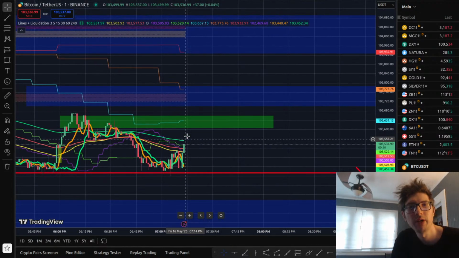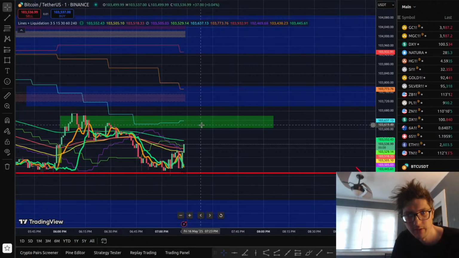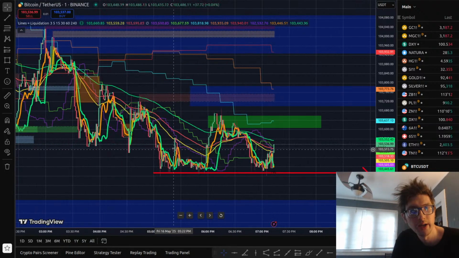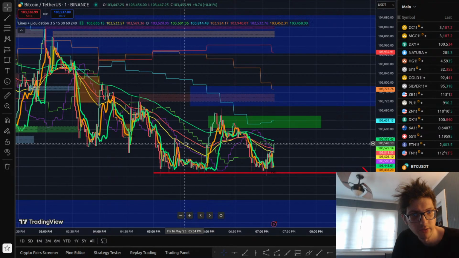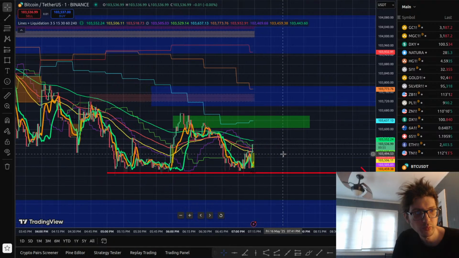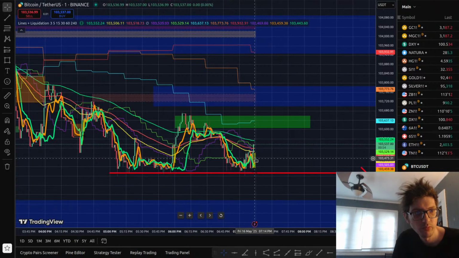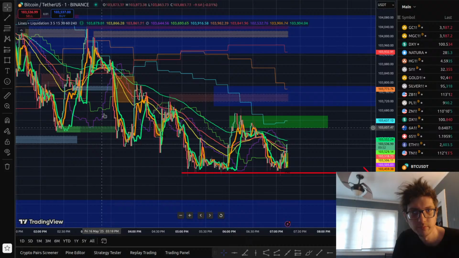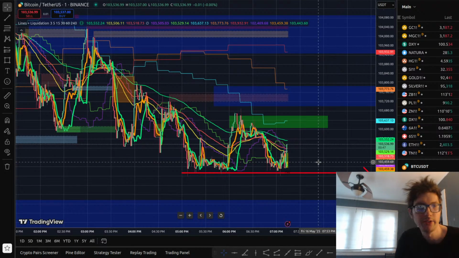So price is probably going to shoot up to at least this zone, and then we should keep an eye on whether or not these step lines, this green and purple step lines, are coming up, and if price is coming down against them, because then that would signify the trend is reversing yet again, right?